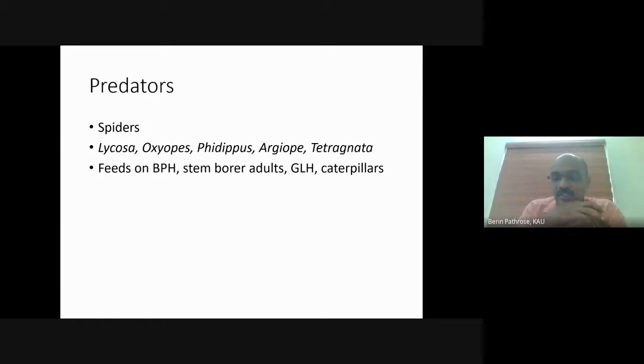Has anyone seen that on WhatsApp? The entire paddy field was covered with spider web. Anyone? If not, I will share that picture with Hari Krishna. That's a very beautiful picture.